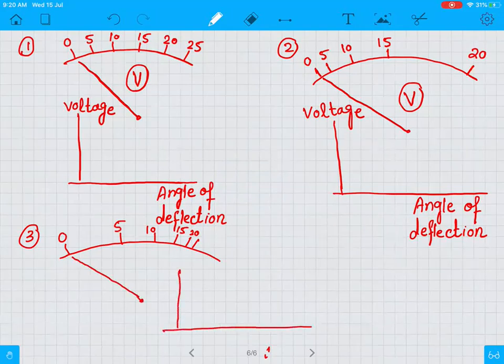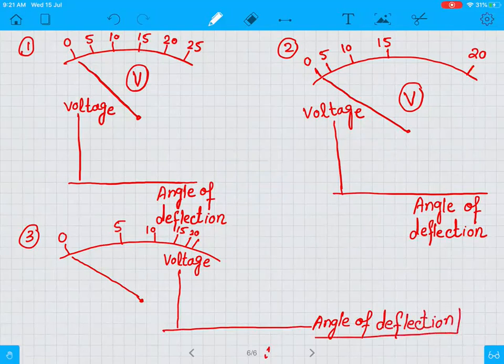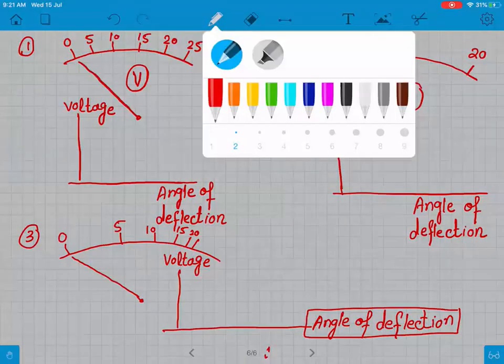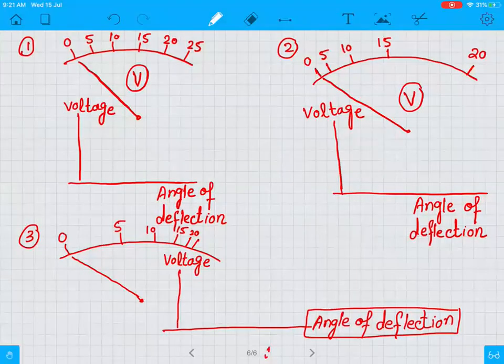For this meter, what would be the graph of voltage against angle of deflection? So basically, you have to plot a graph of voltage against the angle of deflection for all the three meters.